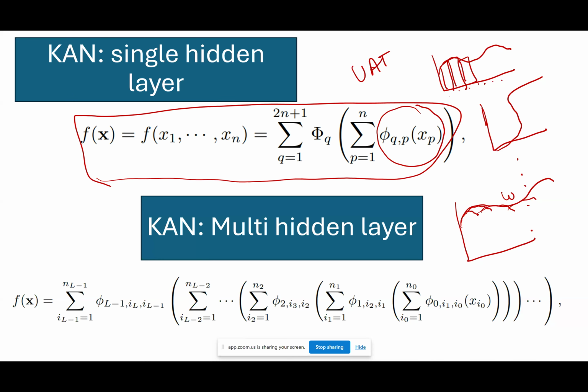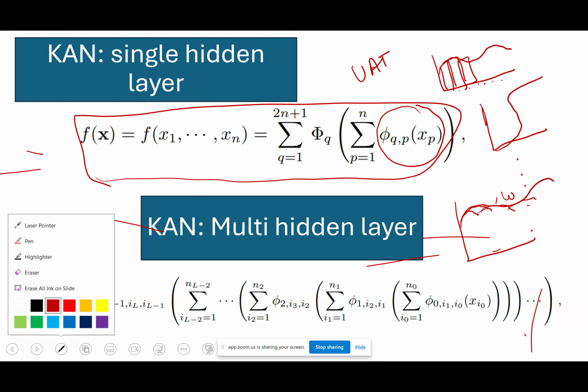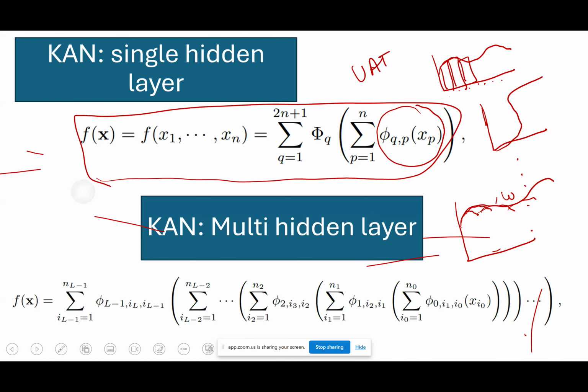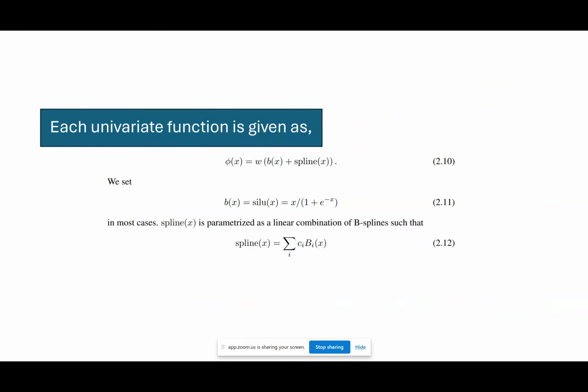Now if we look at each function, this phi, there is also some w parameter. This is a spline, which is nothing but a linear combination of B-splines, and b(x) is, I think, SiLU, which is again a nonlinear activation.